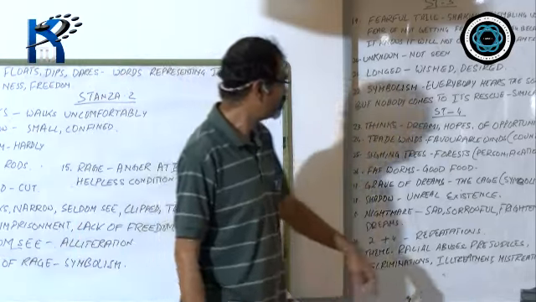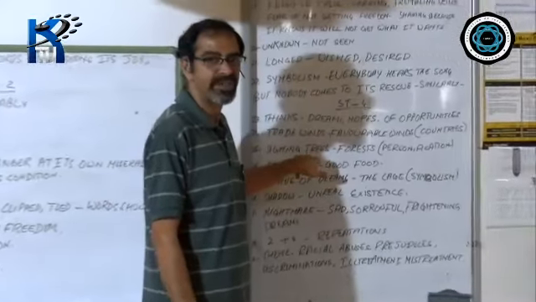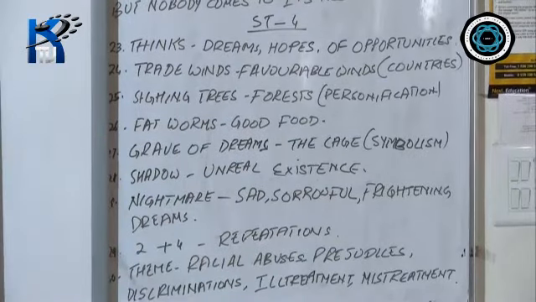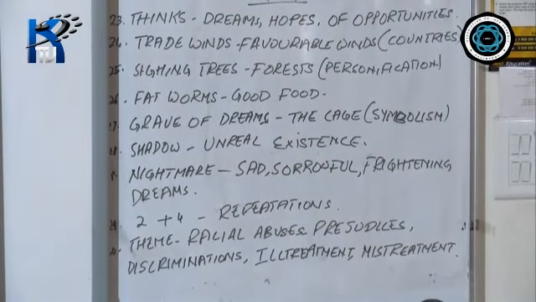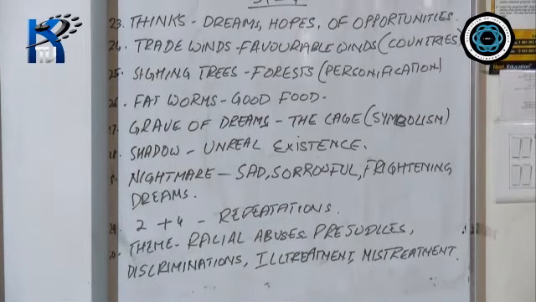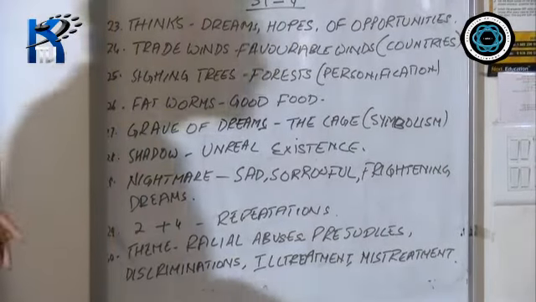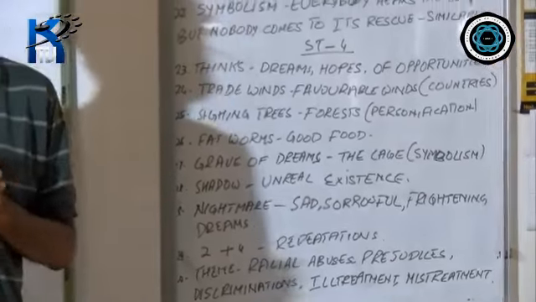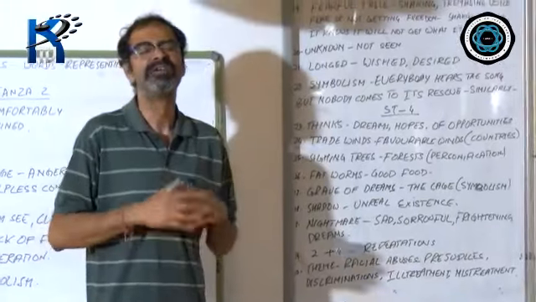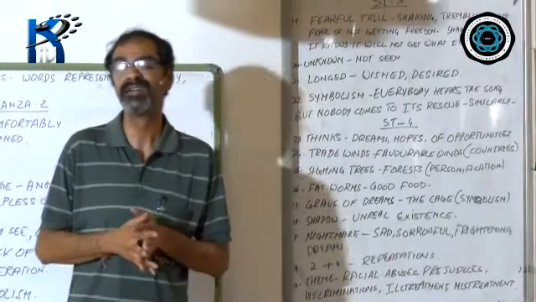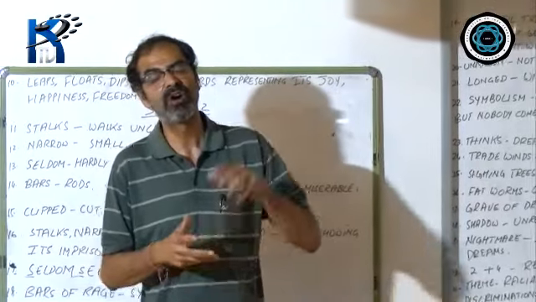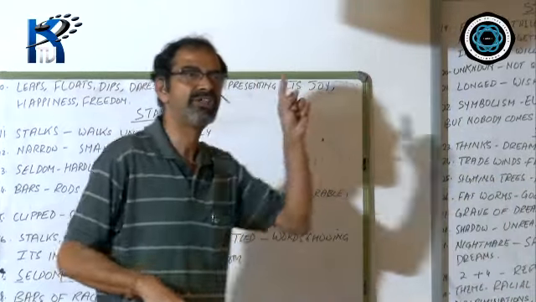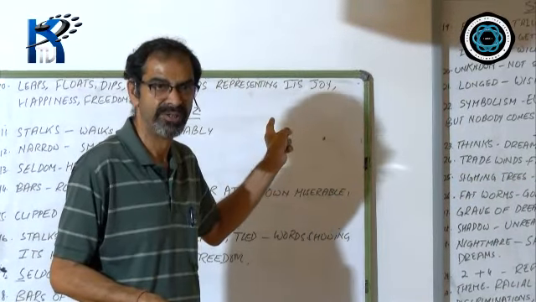Now the point is, this phrase, sighing trees, is a personification. Trees don't sigh, trees don't cry. But when the breeze blows and the trees shake and make a sound, that sound is as if the trees are making a sighing sound, as if the trees are crying, thinking about the contrast between the free bird which is flying and the caged bird which is imprisoned.